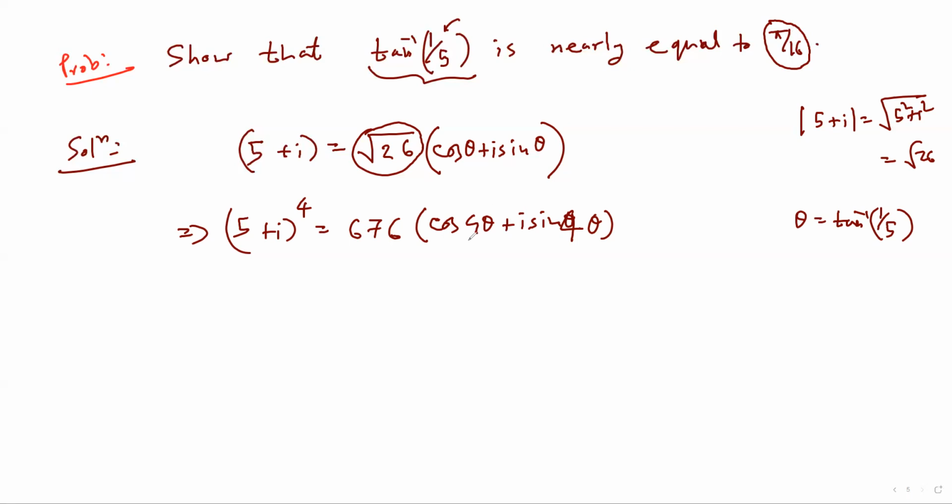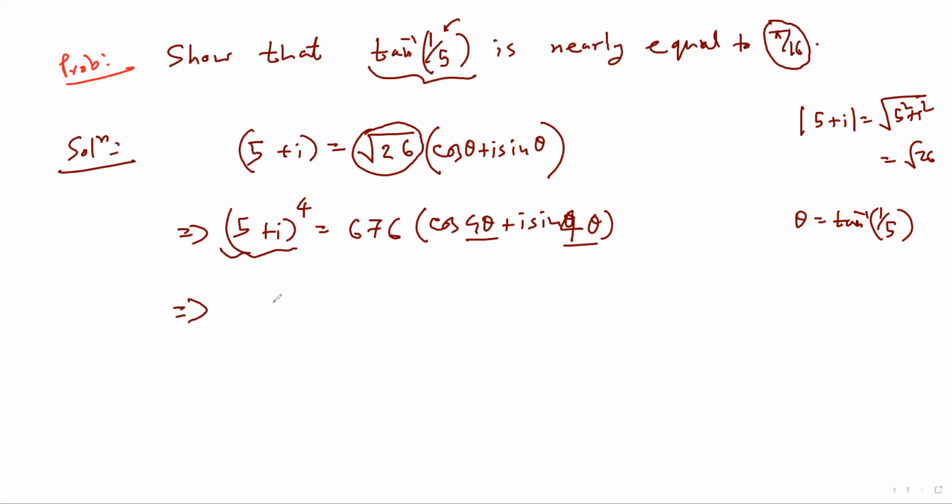That is why we want 4 theta here. I'm going to show that 4 theta is almost pi by 4, which would mean theta is almost pi by 16. That's my target. So what we can do is, this is what we are going to do.